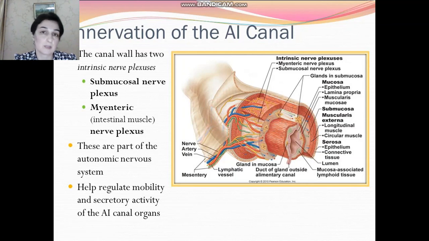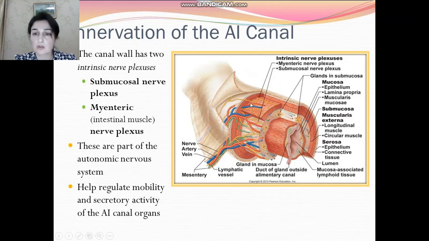As with the pacemaker cells we can see in the heart wall, the intestines also have these pacemaker cells, and it was found that if we cut the nerve fibers which come to the alimentary canal, it will continue its contractile ability, so peristalsis will continue for some time without any interruption.